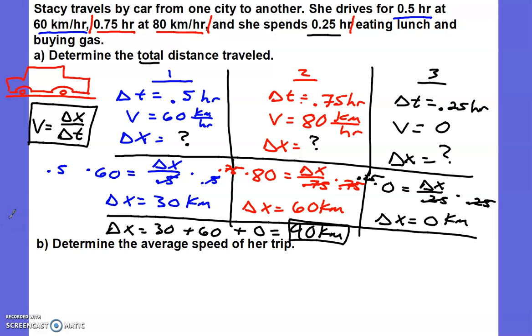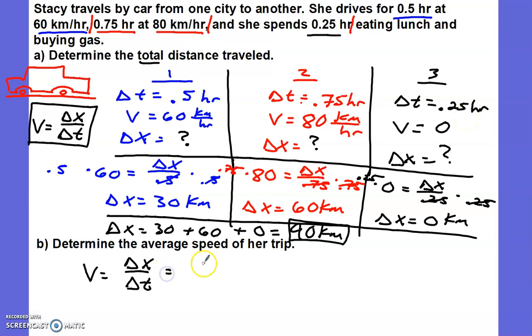Now to get the average speed, we're going to use the same equation that we'd used before. The average speed is the distance divided by the time. But in this case, we're going to take the total distance, which we solved in part A, 90 kilometers, and we're going to divide by the total time. And to get the total time, we add 0.5 plus 0.75 plus 0.25.